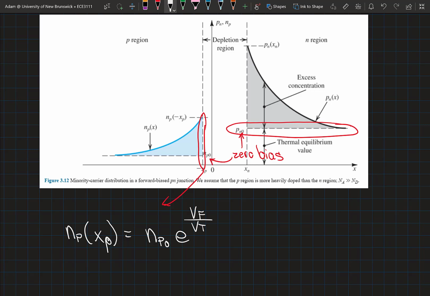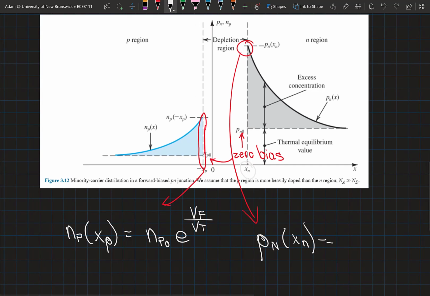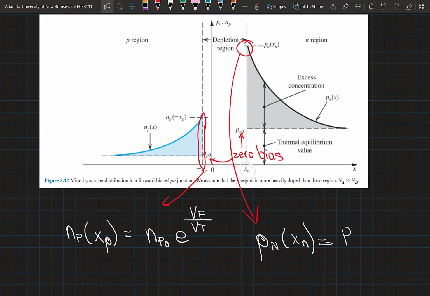And similarly, we can show that this concentration level up here in the P material, the concentration at XN, so at this location, is equal to the concentration at zero bias times e to the VF over VT.